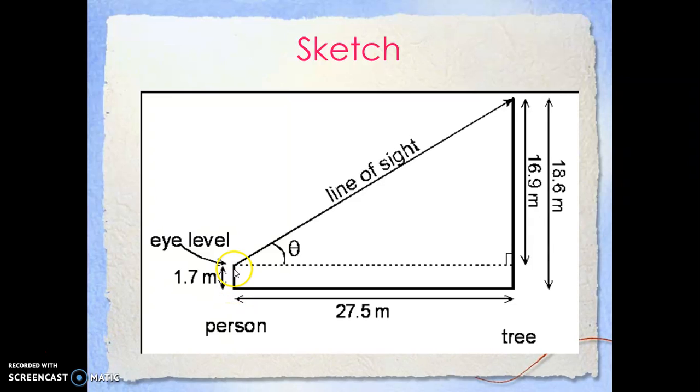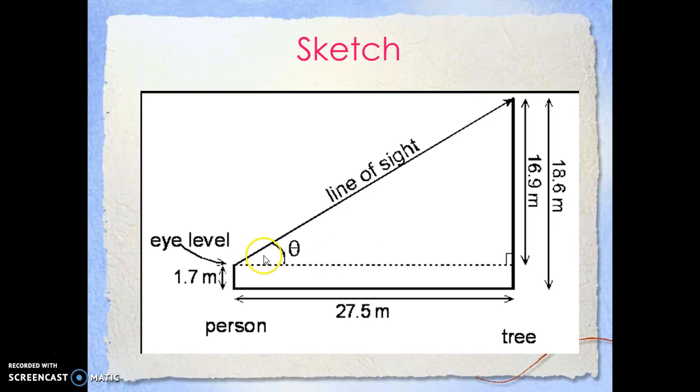Now, he is looking at the top of the tree, which is 27.5 meters away on the level ground, and it is 18.6 meters high. Now, we are going to look into his eye level and the line of sight here.